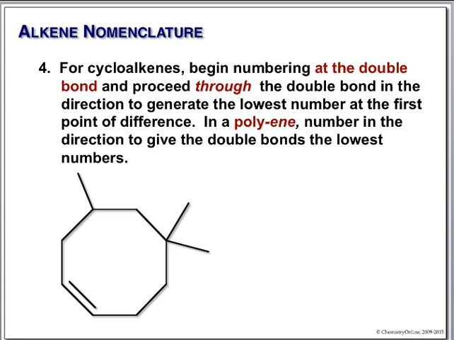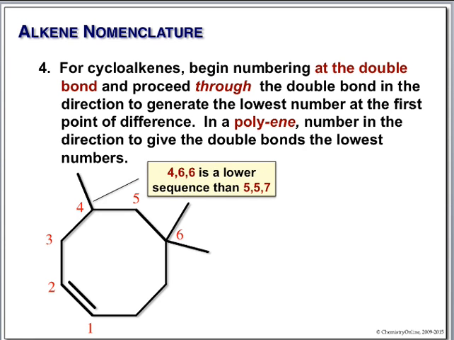Because our numbering here would be 1, 2, 3, 4 versus 1, 2, 3, 4, 5. So we want to go this way. This gives us a 4, 6, 6, as opposed to a 5, 5, 7. 4, 6, 6 wins. 4 is less than 5.